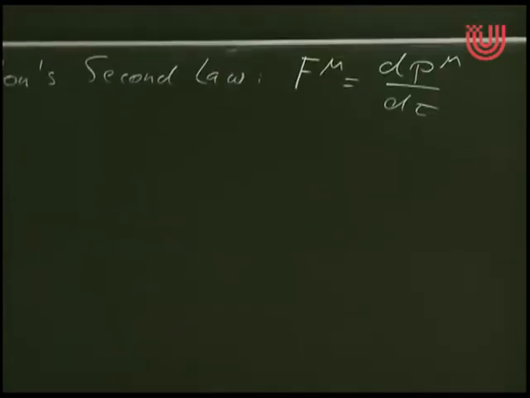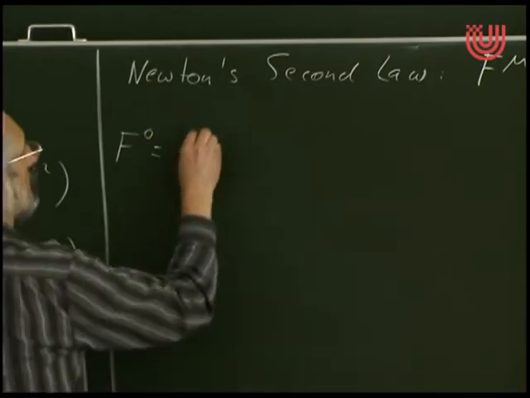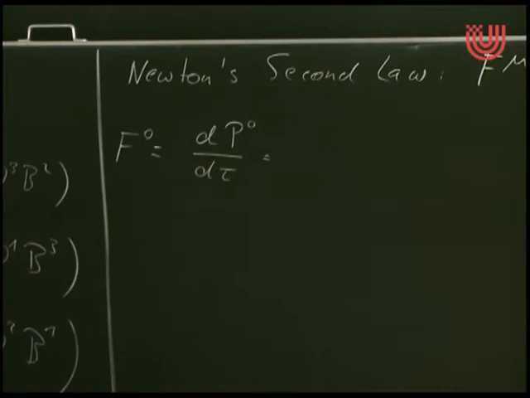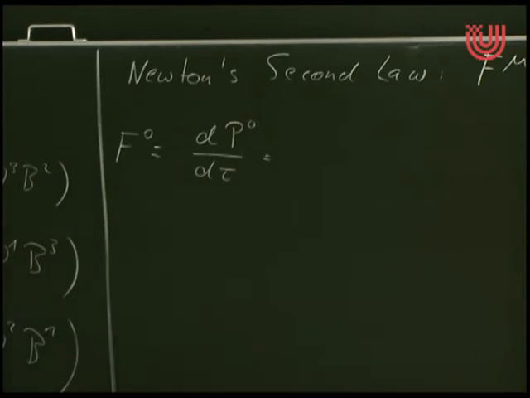So F0 is dp0 by d tau. And I will now rewrite this equation, Newton's second law, with this expression inserted in traditional three-vector notation, so that we realize familiar expressions, or rather slight modifications of familiar expressions.